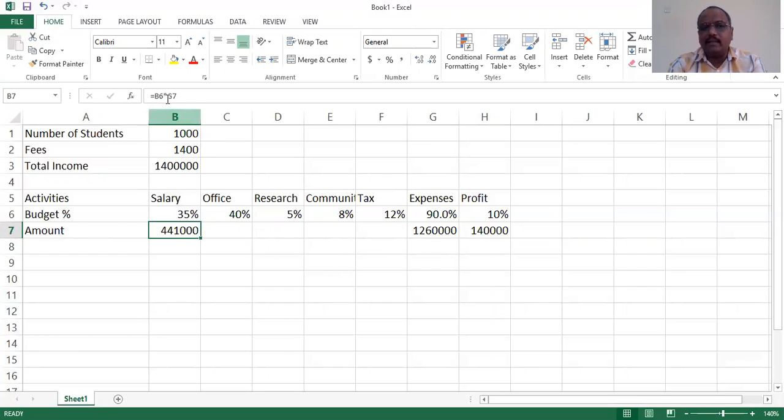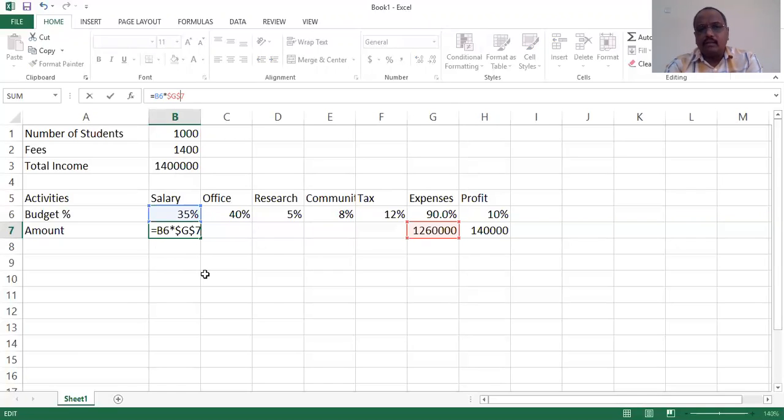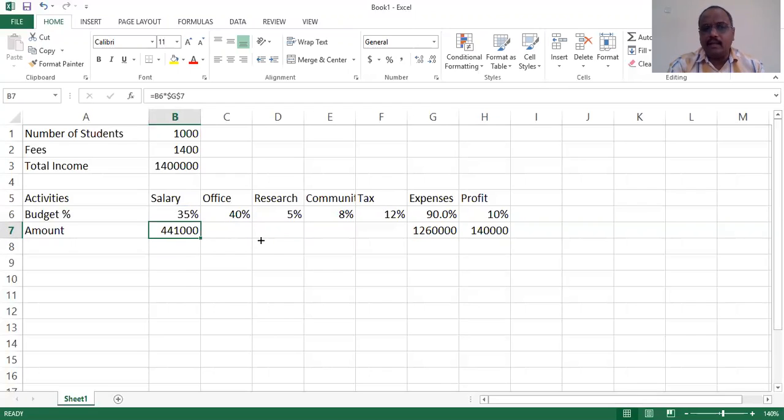But we are going to keep this cell for all the other calculations. So in Excel, we can use the dollar symbol, $G$7. When we use the dollar symbol, we can use the same cell for the calculation in the other areas.